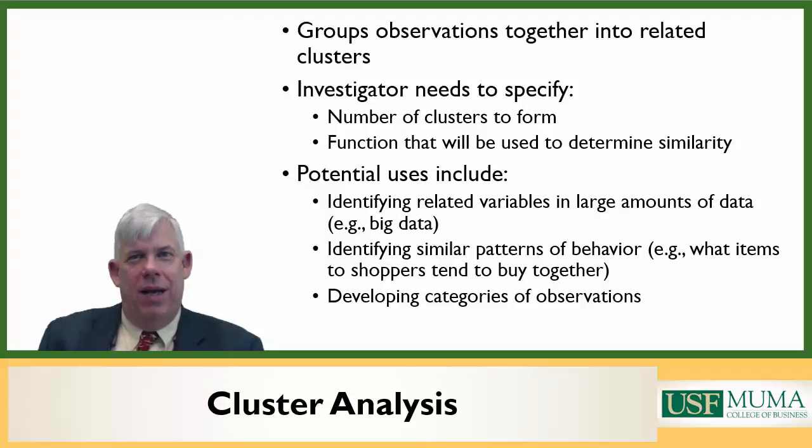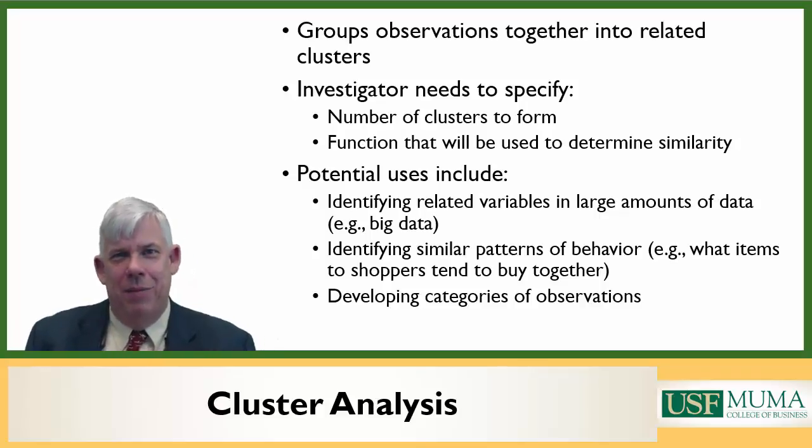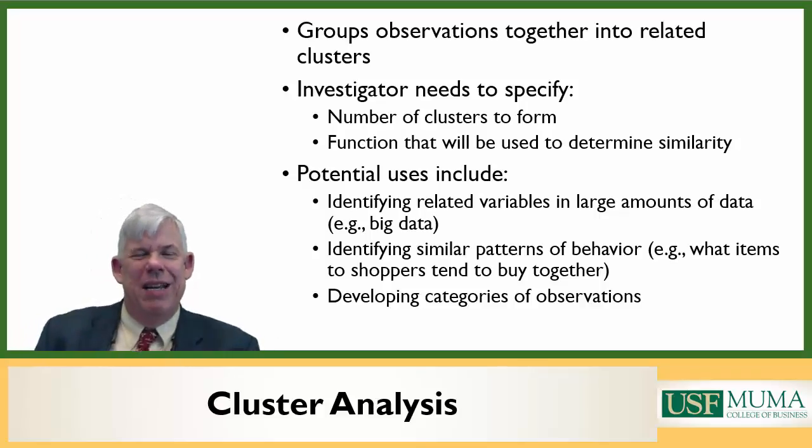And one of the things that has been incredibly useful in getting data for cluster analysis is the use of barcode data, because one of the things it does is it allows you to decide what things people are buying together. And so cluster analysis is every bit as subjective as the PCA analysis in terms of the names you give the clusters.